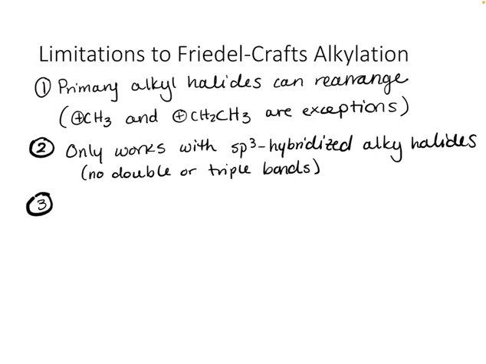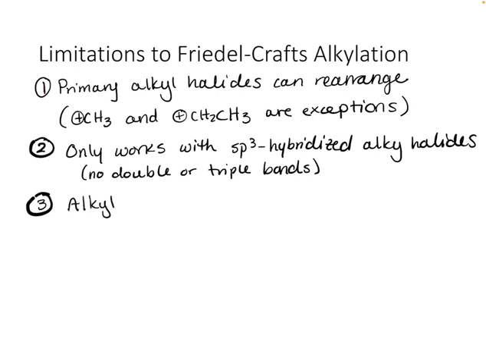So that just means that if you have, let's say, tert-butyl that you're trying to add to your benzene ring, often what happens is you end up adding too many alkyl groups. So let's just write that down.